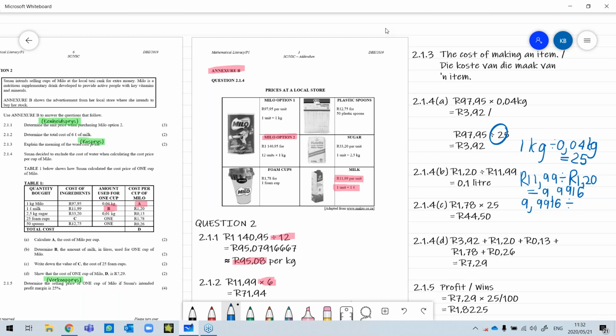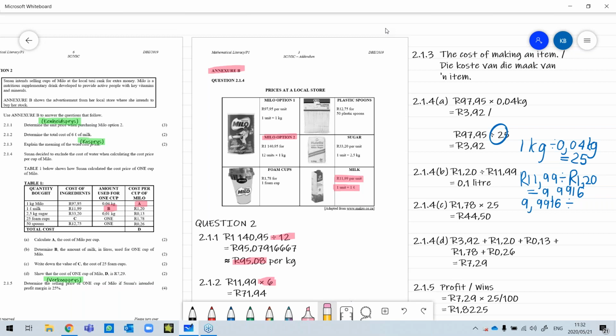Okay, so let's quickly have a look. I'm going to continue and then we'll come back to this question. Just hold on. We'll revert back after we're done with 2.1.5. I'm sorry, I just don't want to waste too much time standing still on a question.